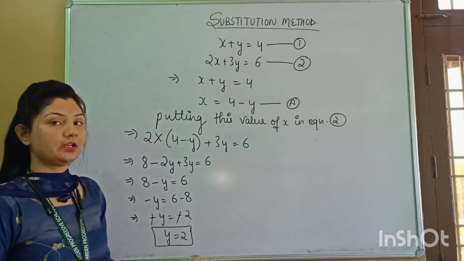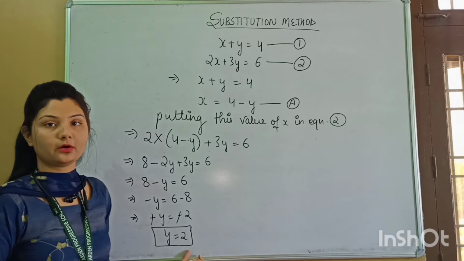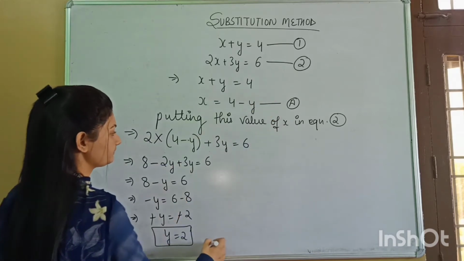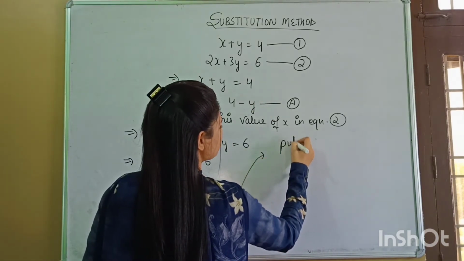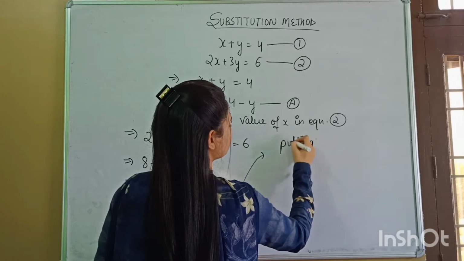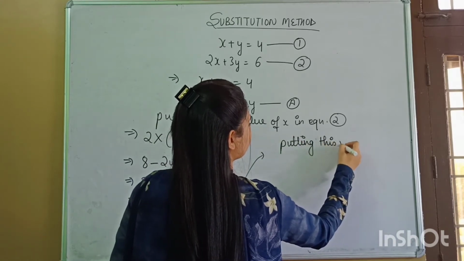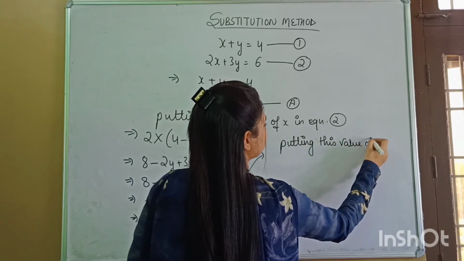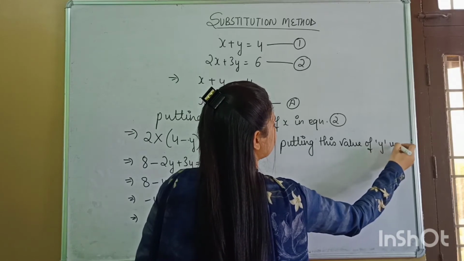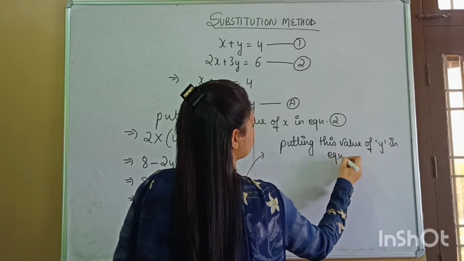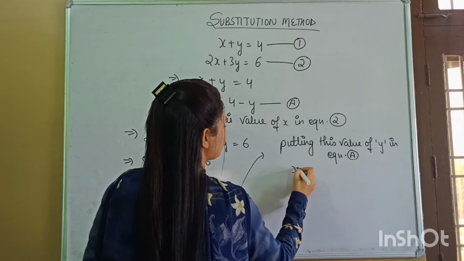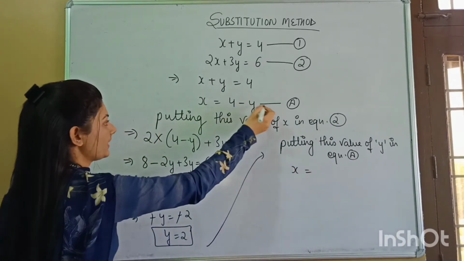Now for getting the value of x, just put this value of y in equation A. So now putting this value of y in equation A. So what was the equation? X is equals to 4 minus y.